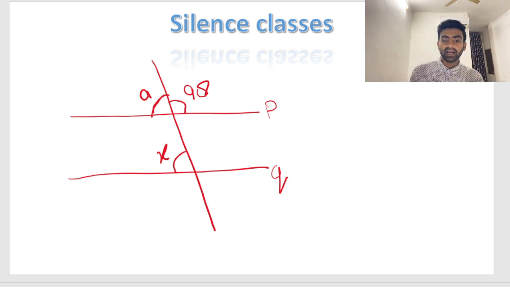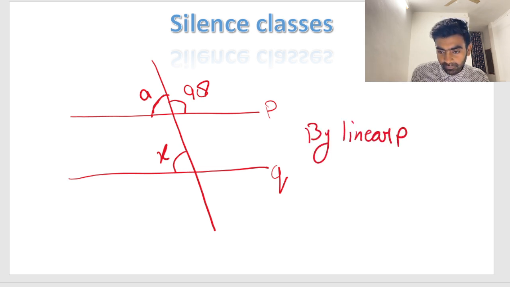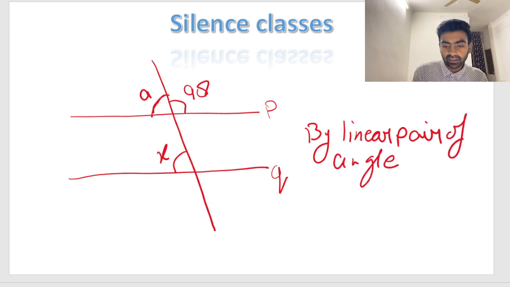So we know that angle A plus angle of 98 degree is equals to 180 degree. So we can do it by linear pair of angles, we can find it out. Angle A plus 98 is equals to 180 degree.